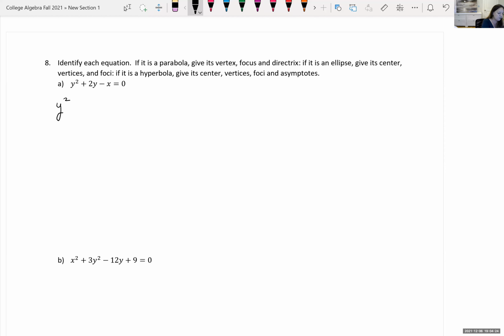So rewriting this, I have y squared plus 2y. So thinking of what I needed to add to make this a perfect square, well, dividing 2 by 2 is 1, and 1 squared is 1. Is equal to, I'm going to add x to both sides. So this is x. And if I added 1 to the left-hand side, I have to add it to the right-hand side.